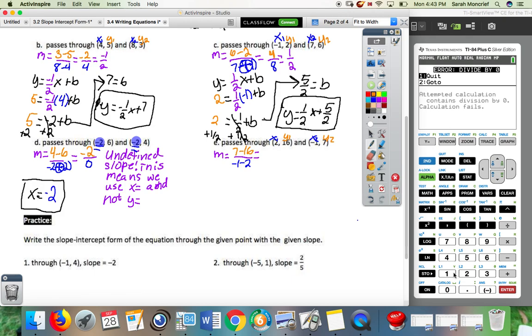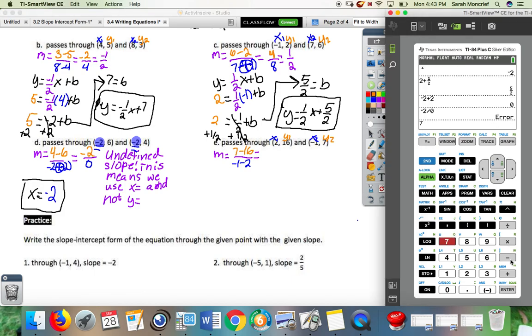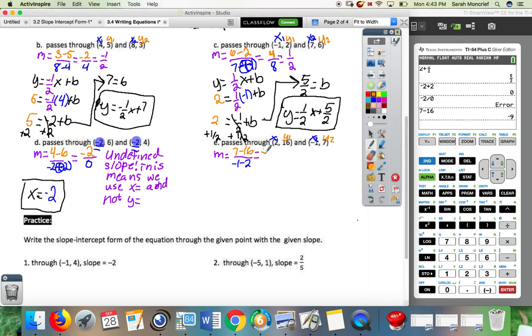We get -9. So we have -9 in the numerator. -9 over what is -1 minus 2? It's going to get us -3. Now, can we simplify -9 over -3? Yes, it is just 3. So my m is 3.